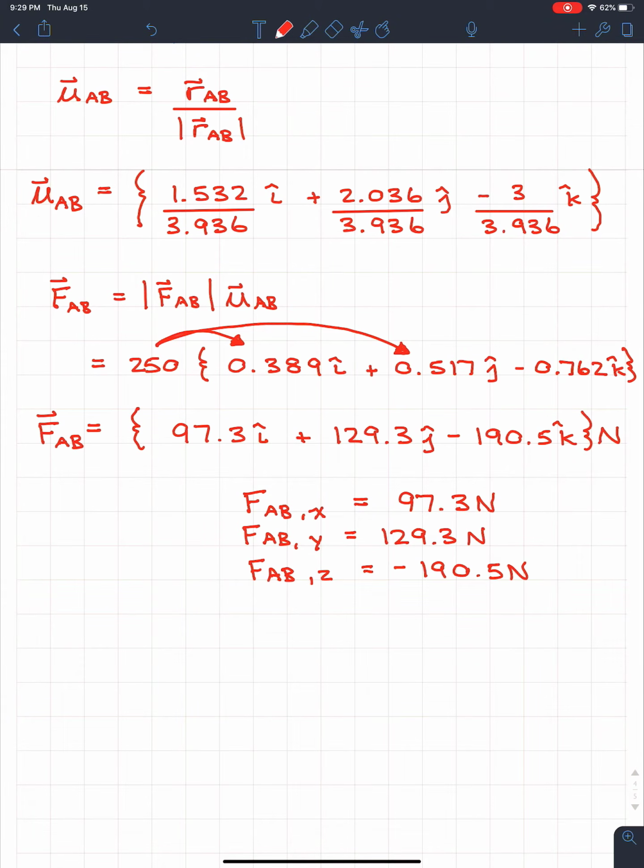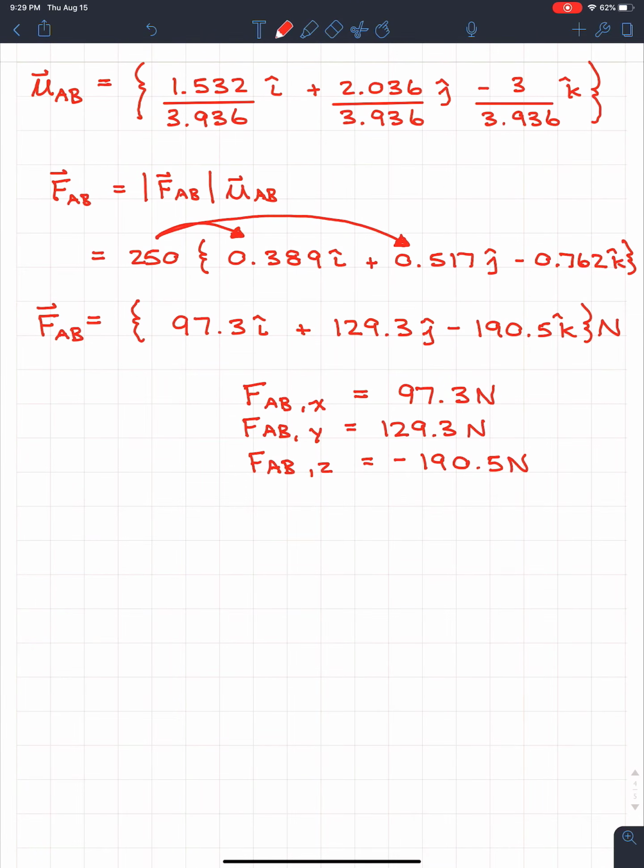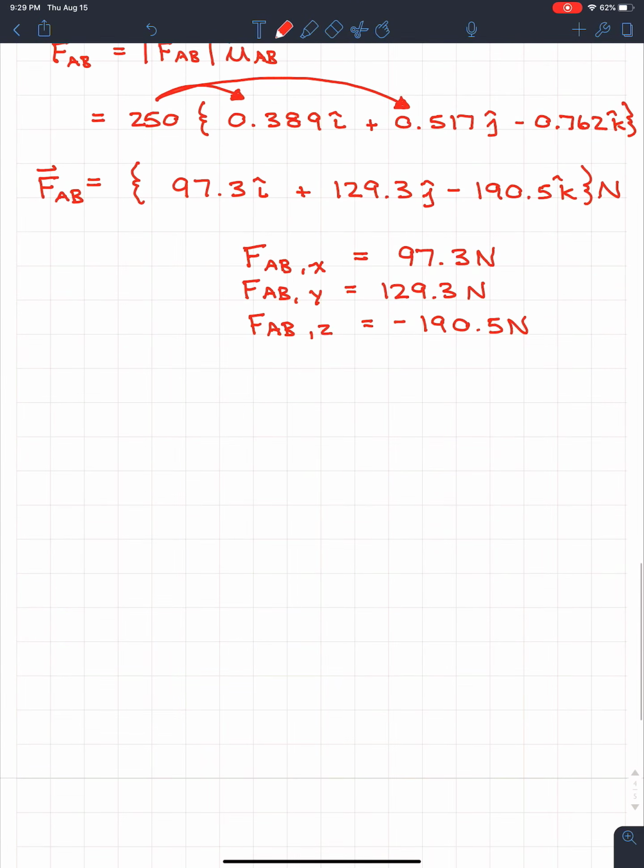So the final thing that we need to do, of course, since we just found our answer, is we need to state it and box it up all pretty. So we got force AB, and this is in Cartesian vector notation, it's going to be equal to, and we're going to do our squiggle brackets, 97.3i plus 129.3j minus 190.5k.